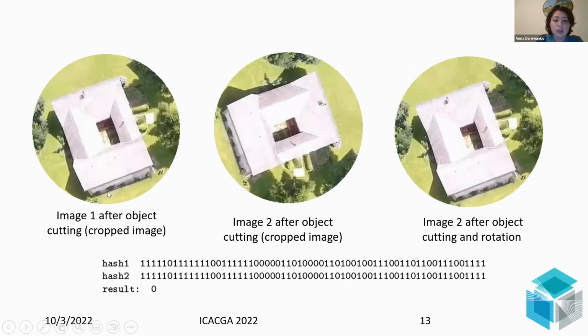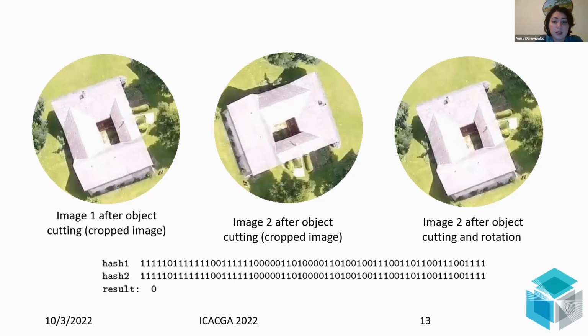We just took the bigger semi-axis of the ellipse and cut it circularly. Why do we crop it in a circular way? Just because we can, after that, rotate it normally, and we don't lose anything around it.